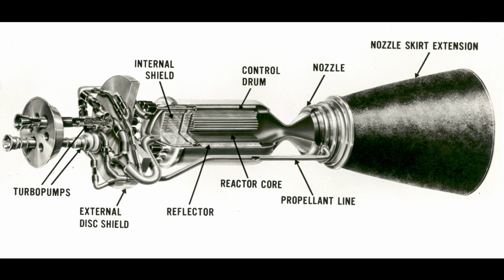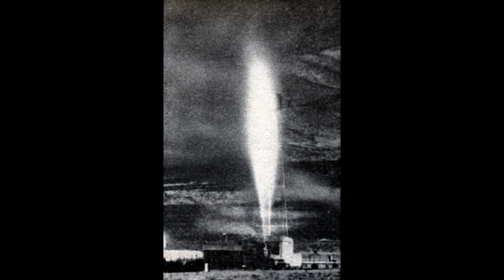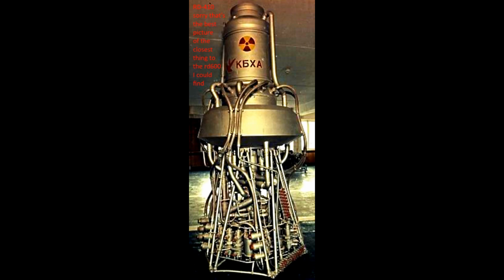The most realistic version, which has actually been tested on the ground in both American and Russian test programs, is the solid core nuclear rocket engine, or nuclear thermal rocket engine, which essentially works similar to a normal rocket engine, as you have a combustion chamber.